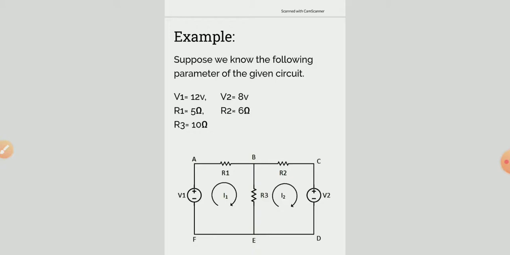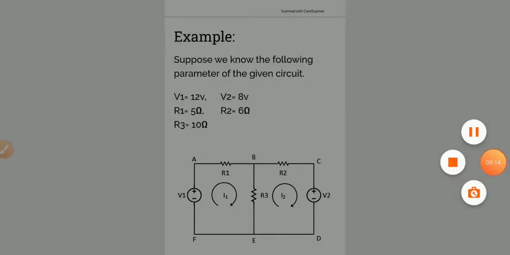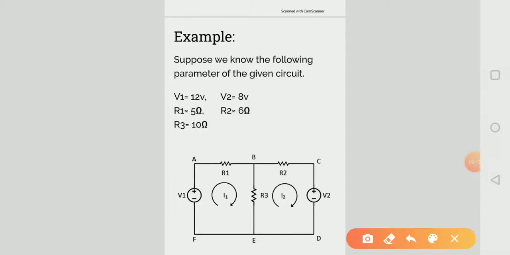By mesh analysis, we know that in the first step, firstly, we have to consider the meshes. Here there are two meshes, two loops, first and second. For the first loop, the current is I1 and for the second loop, the current is I2.